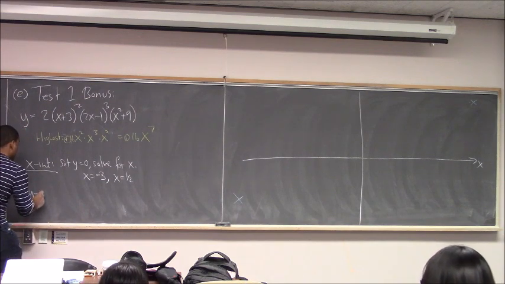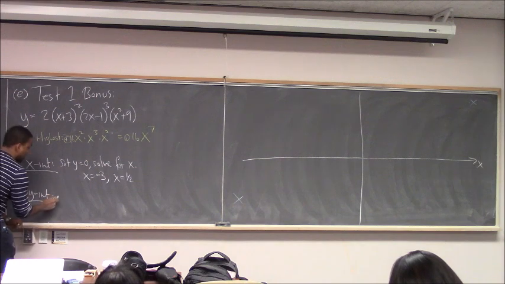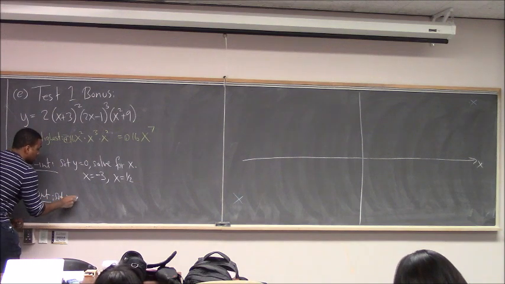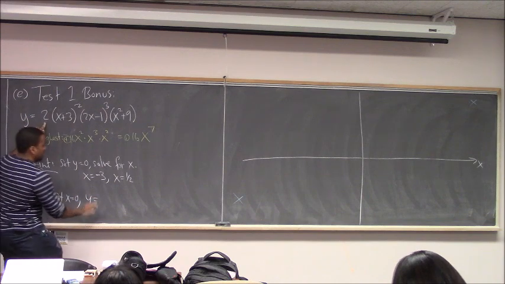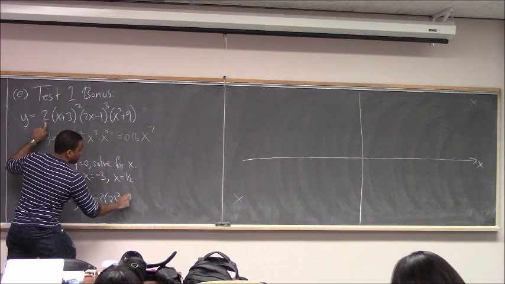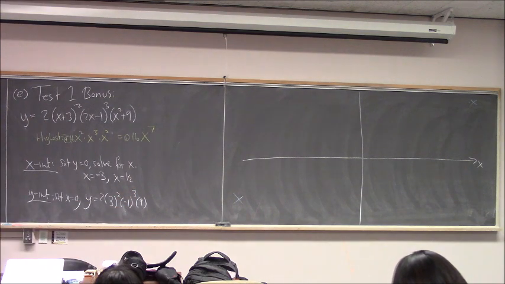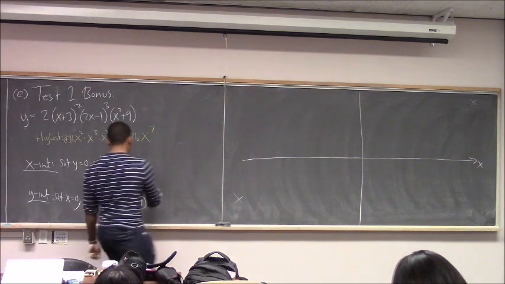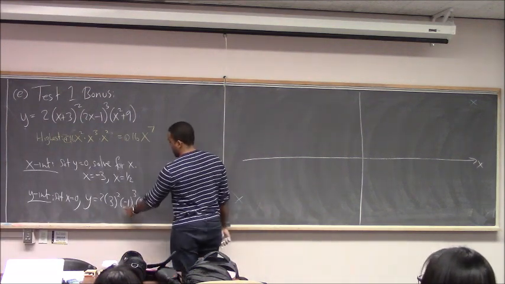Then I'm going to look for the y-intercept. This means I set x equals 0 and solve for y. So my y would look like 2 times 3 squared times minus 1 cubed times 9. Well, this is just going to be a negative sign.